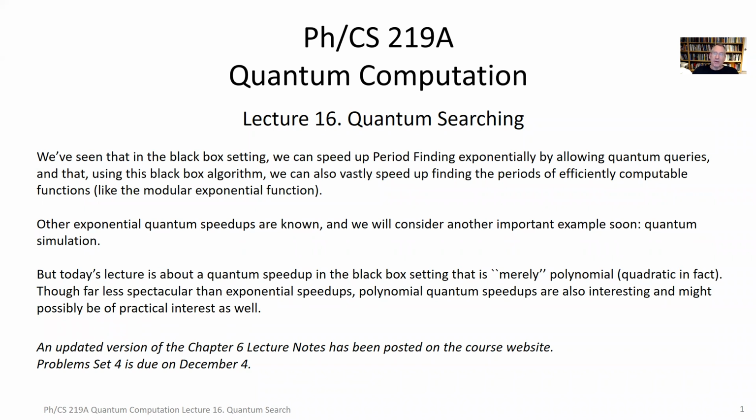But today I'm going to talk about a speedup which is not exponential. It's in fact a quadratic speedup, meaning that the quantum time it takes to solve a problem goes like the square root of the classical time. Less spectacular than an exponential speedup for sure, but still interesting. And the one I'm going to talk about today, the speedup of exhaustive search, is in principle of quite broad applicability to many problems.